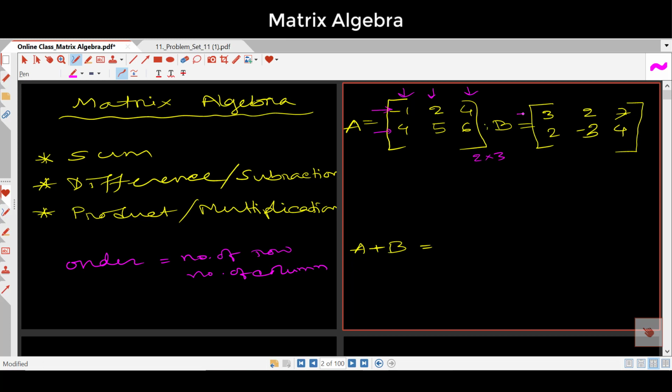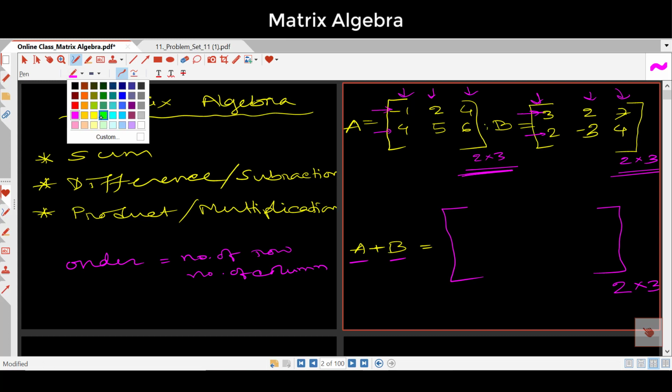Similarly, the second matrix B has 2 rows and 3 columns, so its order is 2 by 3. If we are going to add two matrices, then these two matrices should have the same order. The order that you can see in the first matrix, the same order should be in the second matrix. Then only addition is possible. And the new matrix that you are going to find, A plus B, will also have the same order, 2 by 3, that is 2 rows and 3 columns.